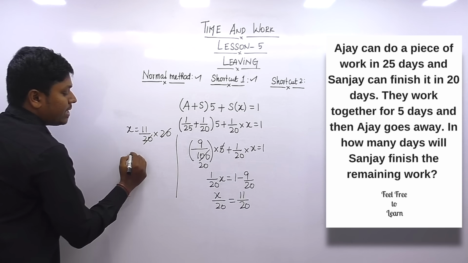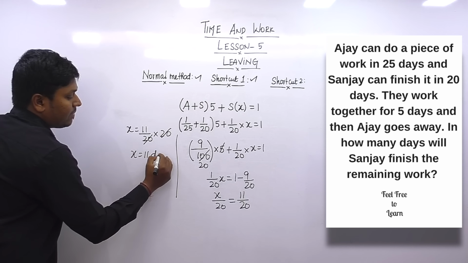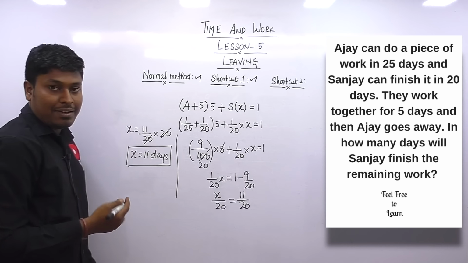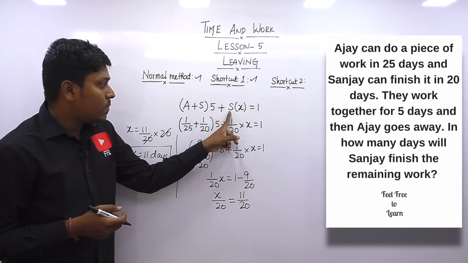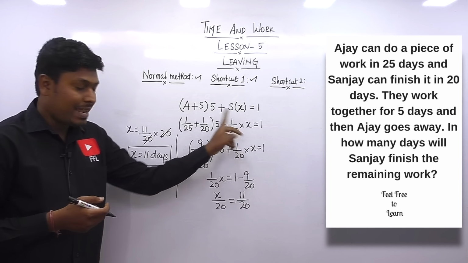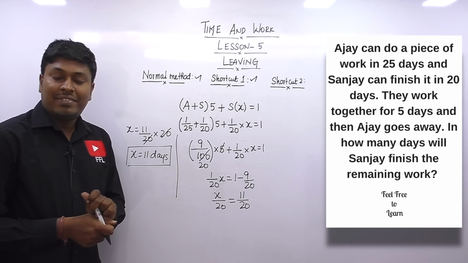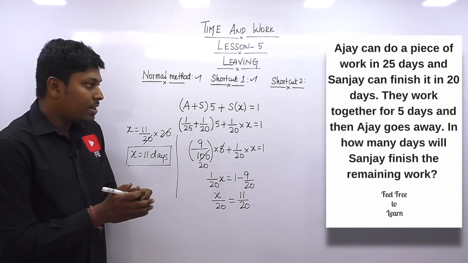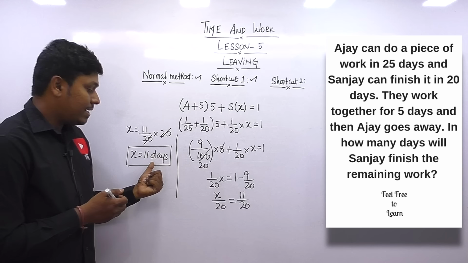We can cancel 20 and 20. X is equal to 11 days. So finally we got the answer, X is equal to 11 days, which means Sanjay alone does the remaining work, which is X, in 11 days. So by using shortcut number 1, we got the answer: the remaining work was done by Sanjay alone in 11 days.